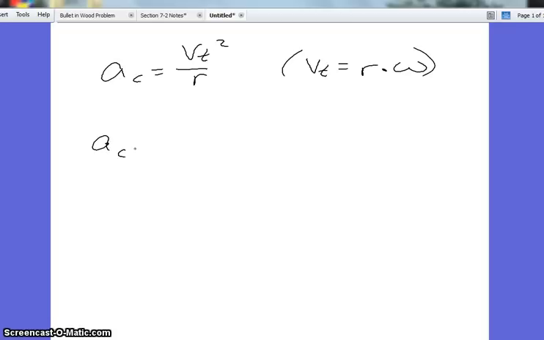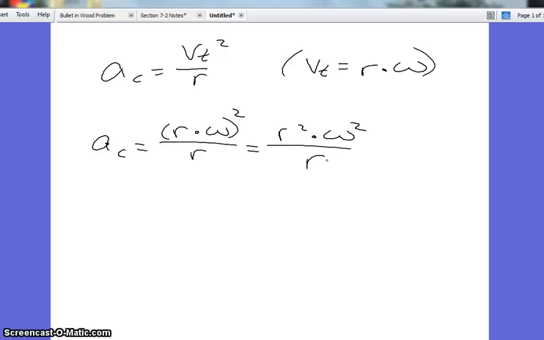So if I now replace my tangential velocity with r times omega, I've got to square it. When I square that, I have to square both the radius and the angular velocity. One of the radii cancels out, and we're left with r times omega squared.